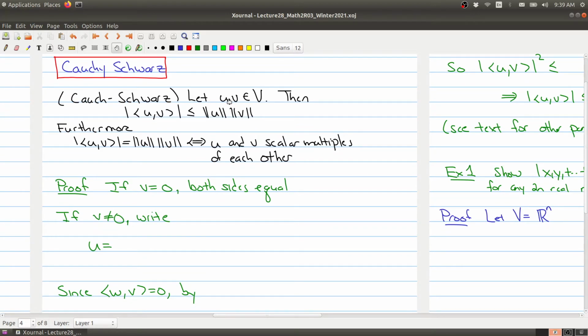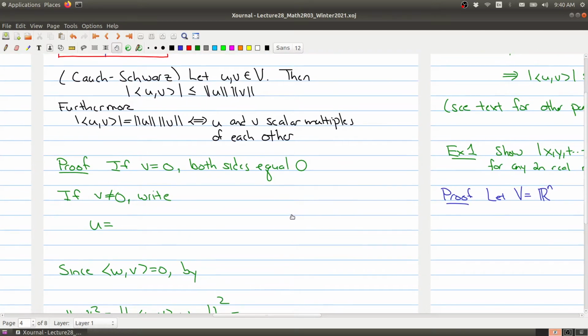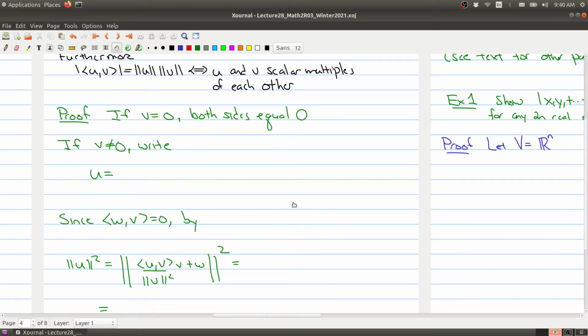So you do two cases. It works for all u and v, and we're going to distinguish the case v is equal to 0. Now, when v is equal to 0, both sides are equal to 0, because this norm is 0 and this inner product is 0. So we have equality on both sides. But what happens if v is not the 0 vector?